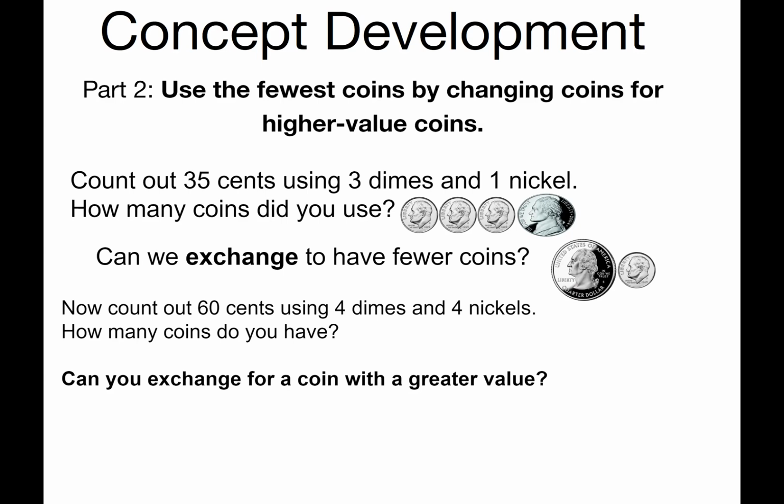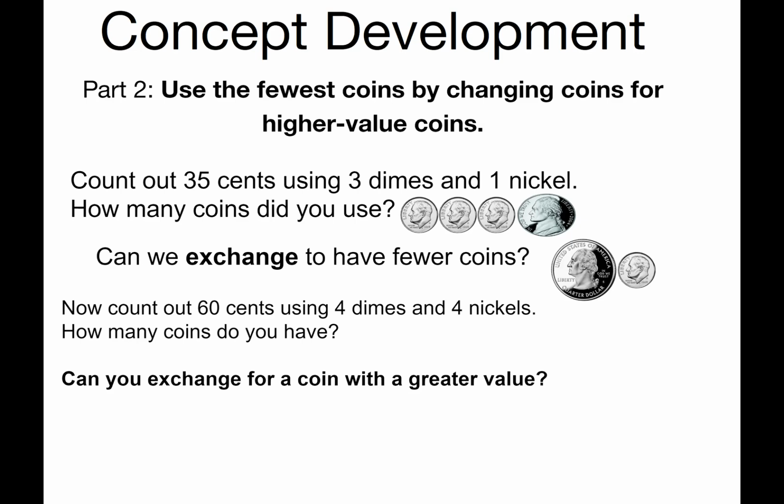Now, we can take those 3 coins, the 2 dimes and 1 nickel, and put them on the side, and we can get a quarter and put it with our 60 cents. Oh, we just exchanged 2 dimes and 1 nickel for 1 quarter. They're both 25 cents, but we exchanged them.